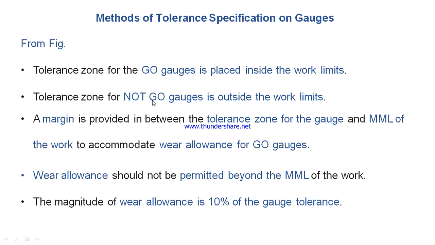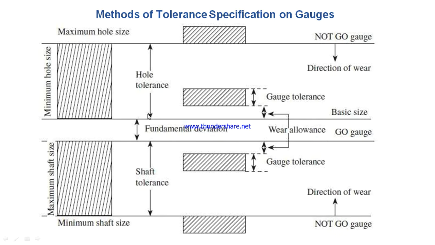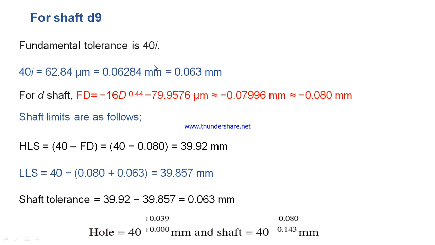Look at this. In this problem, we know that the lower limit of the hole is the basic size, and we also know the hole tolerance, so we got the higher limit of the hole. So what is the higher limit of the shaft? The higher limit of the shaft can be calculated from the lower limit of the hole minus the fundamental deviation. In this problem, for the shaft, the fundamental deviation is minus 0.080 mm.